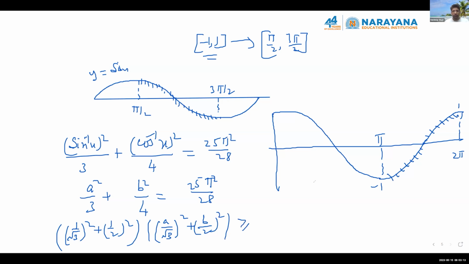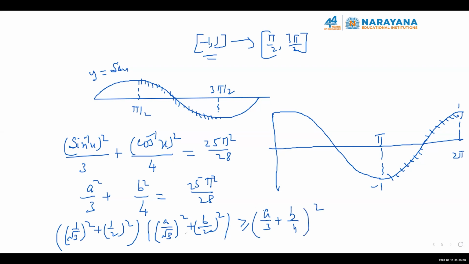So what is going to be that? A by 3 plus B by 4, and this whole square.